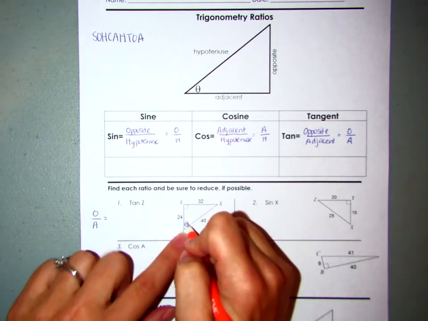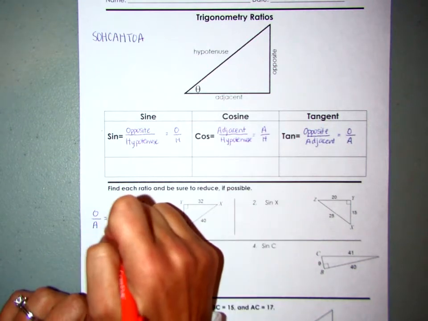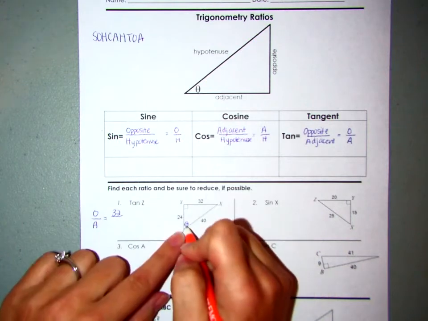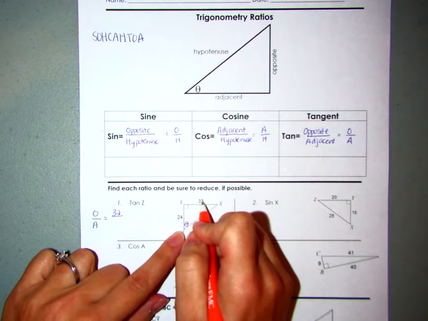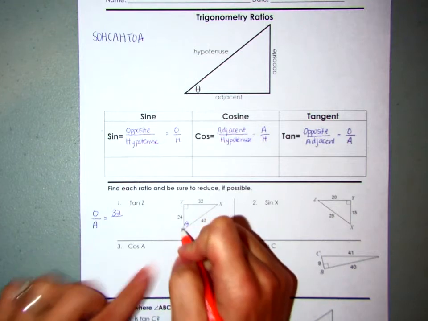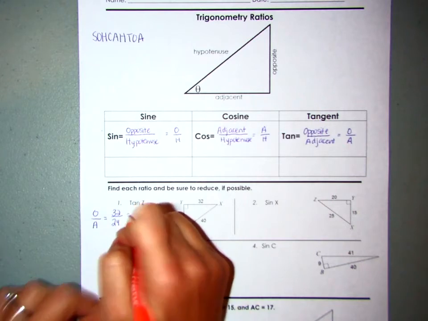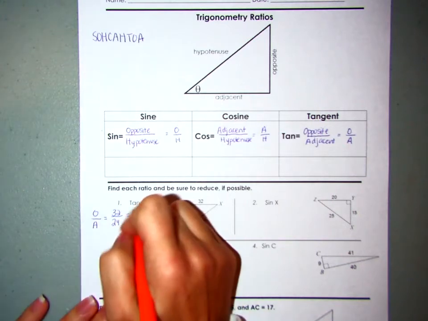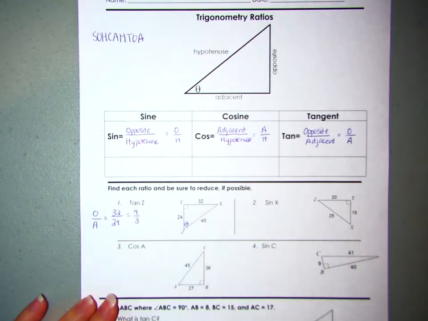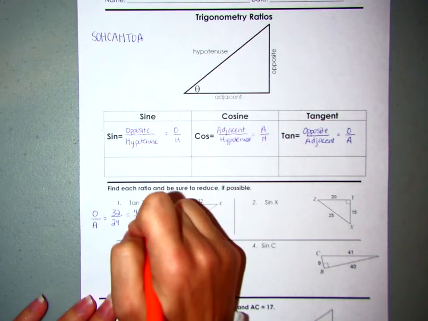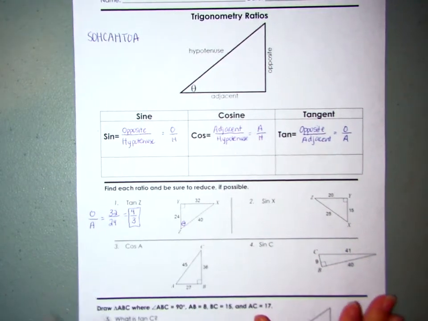And the side opposite of it would be 32 over the adjacent side, which is not your hypotenuse but the other one, here at 24. So that's what the tangent of Z is going to equal. We can reduce that. 8 goes into both of those, so that would be 4/3. You could also use a calculator to get 1.3 repeating.